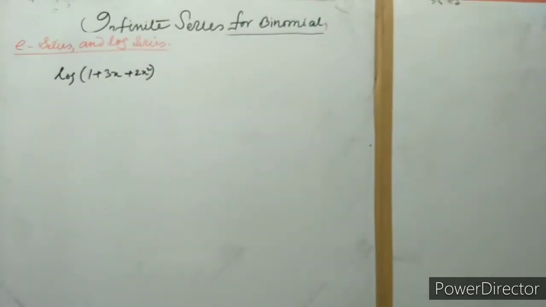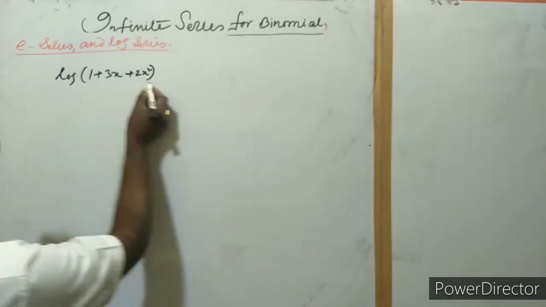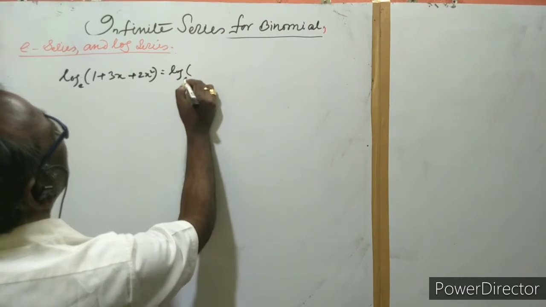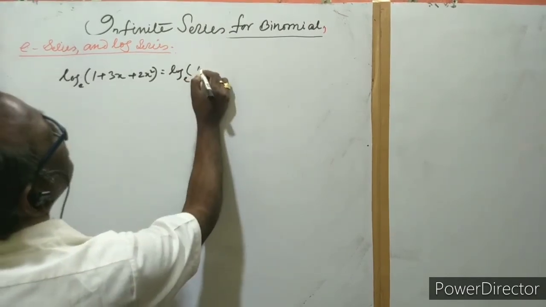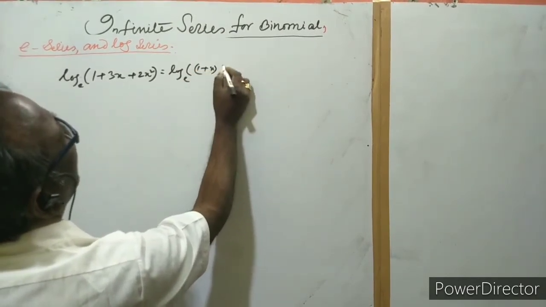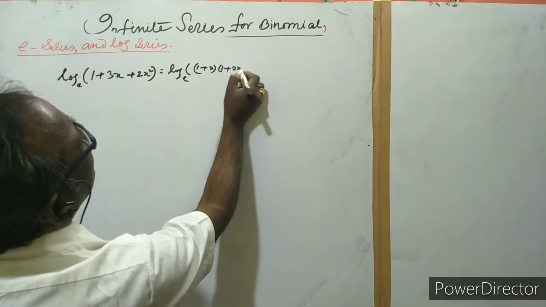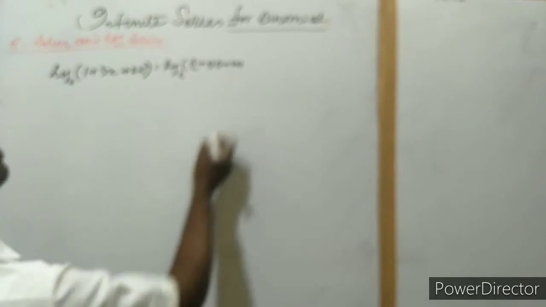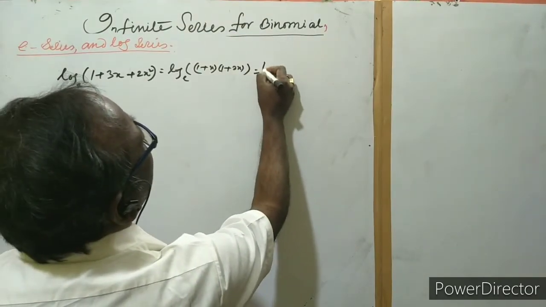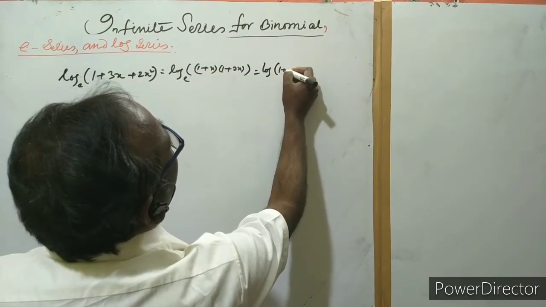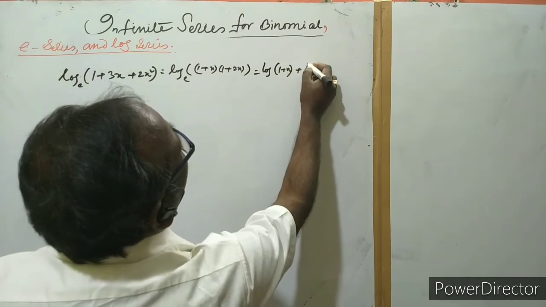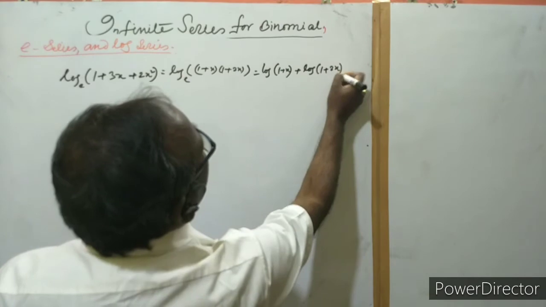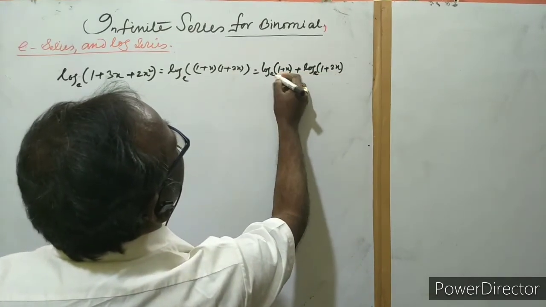See the factors within this: this will be 1 plus x and 1 plus 2x. Check: 2x plus x is 3x and 2x square. Then we can write log of 1 plus x and log of 1 plus 2x, to the base e and to the base e.